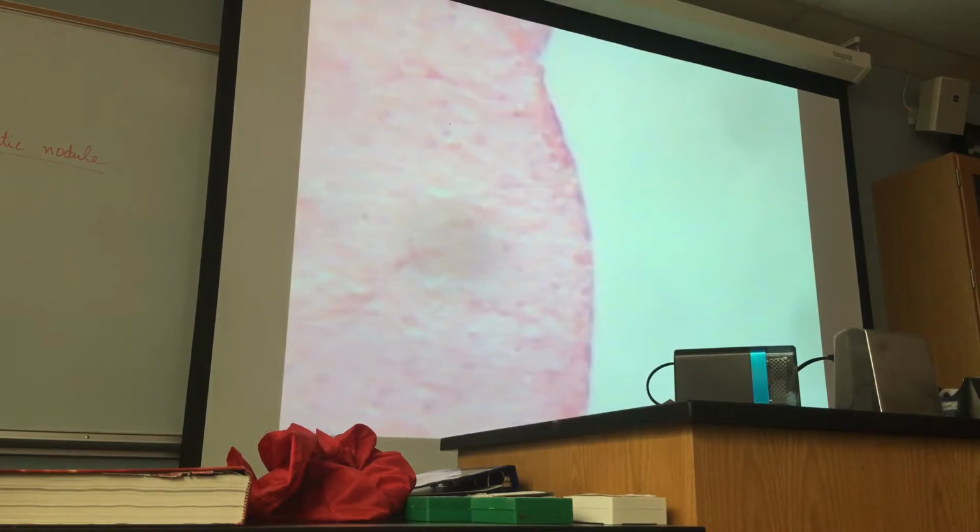And why this? Look at that. This is circular. Can you see how the cells are arranged? These are the smooth muscle cells, spindle shaped. These cells are oriented circularly. Do you get that?